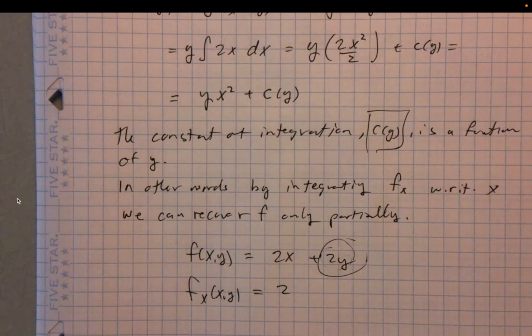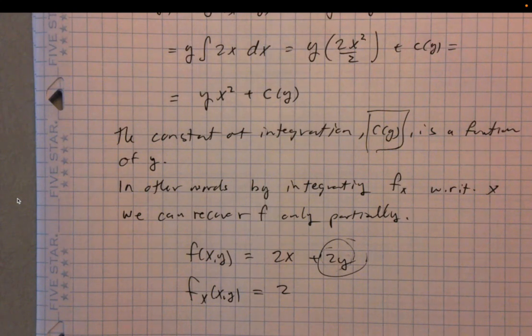We can't simply integrate the derivative and get back the original function entirely. We can get a portion of it back, knowing that whatever we haven't recovered is some function of the other variable. Simply integrating is not going to magically make 2y appear.